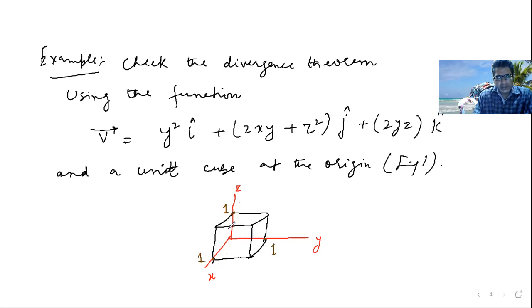It has 6 faces: upward face, downward face, front face, back face, right? This face, right? 6 faces, but edge length is 1. So it is a unit cube. So the question is like this. This is my figure 1.